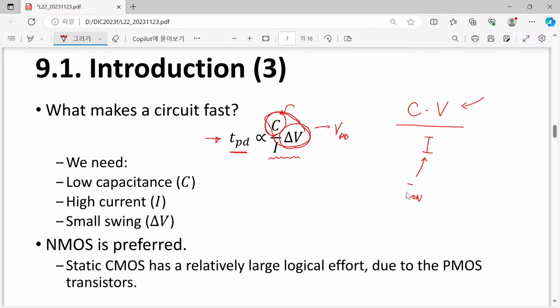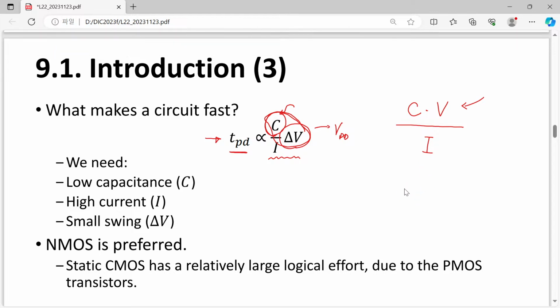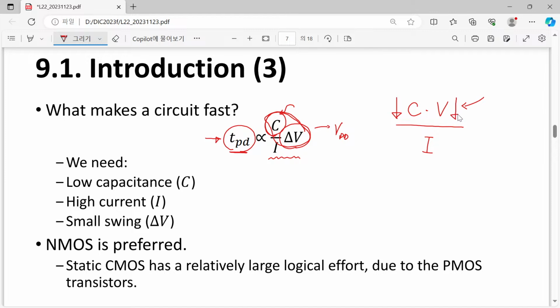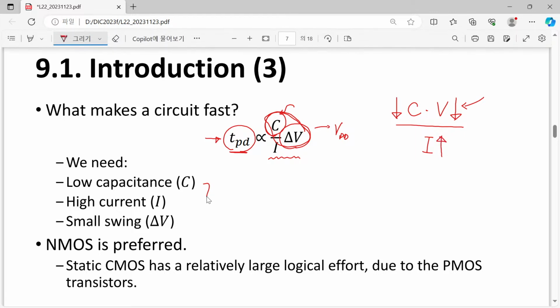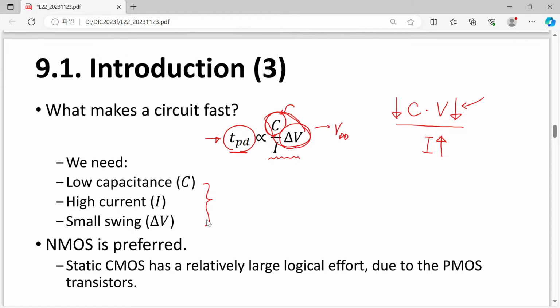Therefore, if we wanted to minimize the propagation delay, of course we can reduce capacitance, reduce voltage, and increase current. Everybody can understand this instruction quite easily. But what is the problem with reducing the capacitance?